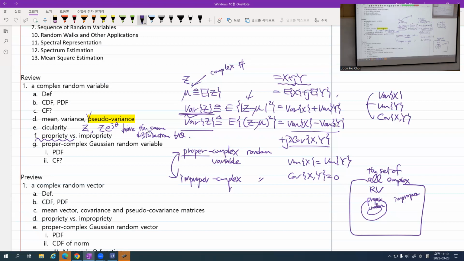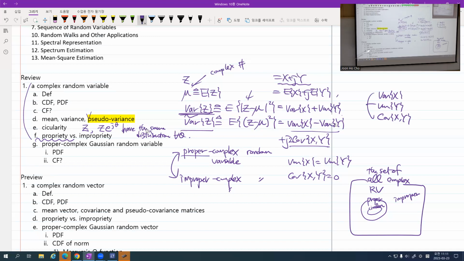Now, let's take an example, which is very important especially in communications engineering. That is a proper complex Gaussian random variable. So all these definitions and results are applicable.